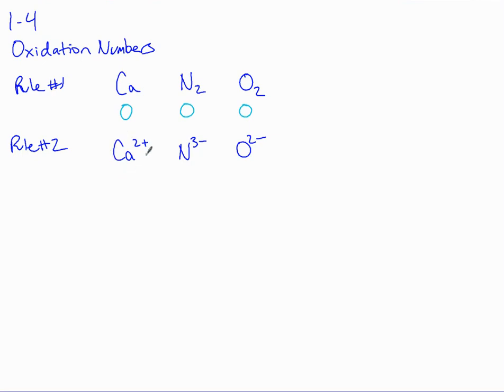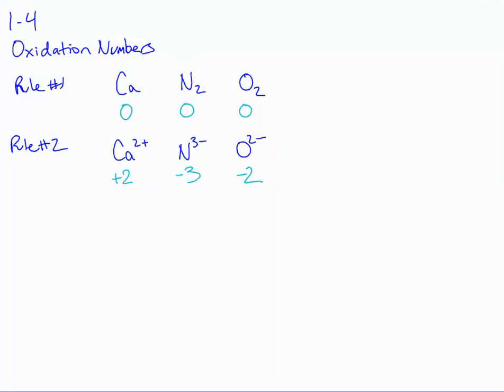The oxidation number of calcium with a positive 2 charge is +2. The oxidation number of nitrogen ions, -3. And the oxidation number of oxygen ions, -2.